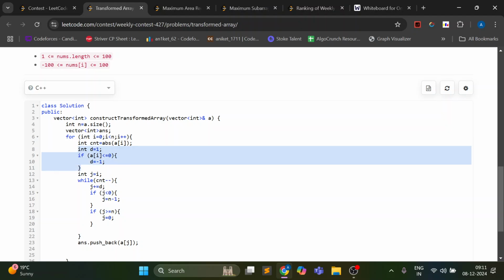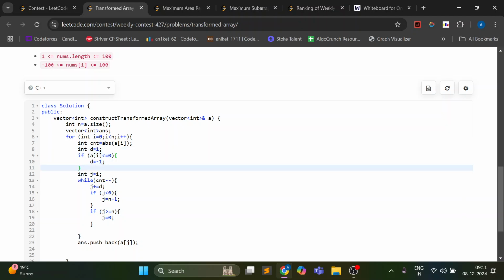So d is just an incrementer according to the direction. Now I have created another pointer j, which is initially i, and I'm simulating the number of steps. In each step I'm incrementing the index with d. If it was a negative direction, j would decrease; if it was positive, j would increase.